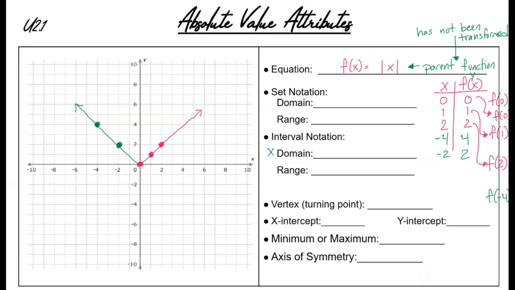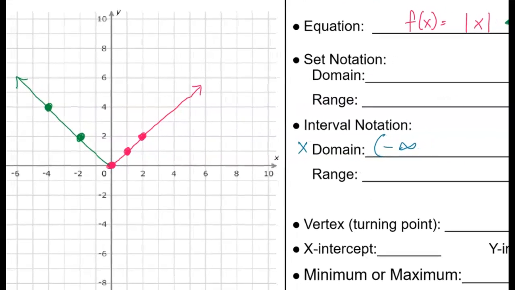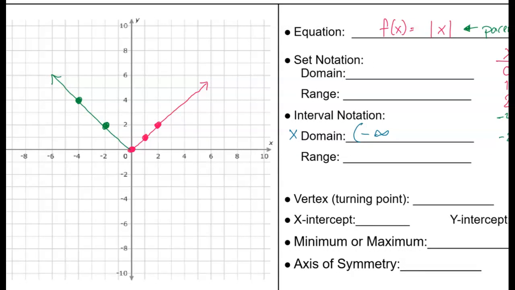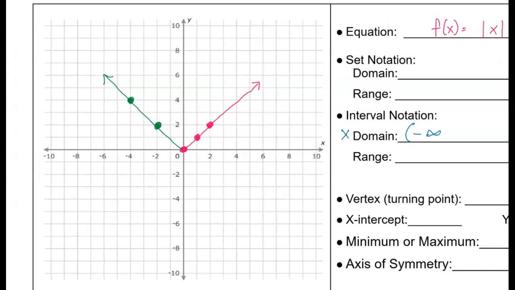My lowest x value is negative infinity. I'd have to say this is the most missed thing on your test, is you forgot that there is such a thing as a negative infinity, and you just put an infinity symbol. Going to the left brings you closer to negative infinity. Going down brings you closer to negative infinity. Going to the right brings you closer to infinity, and going up brings you closer to infinity.